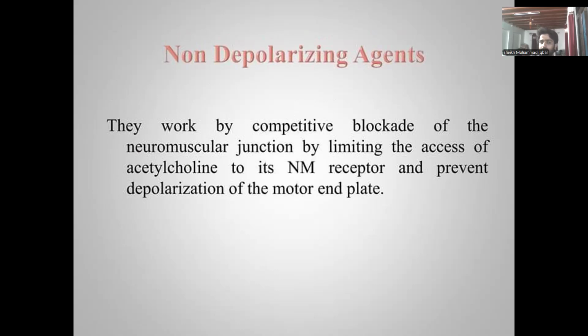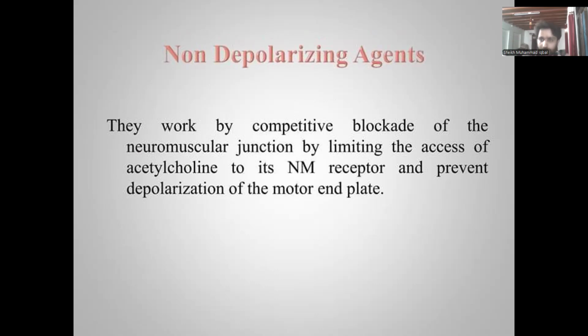The non-depolarizing agents are competitive antagonists, so they compete for the neurotransmitter. They cause the competitive blockade of the neuromuscular junction. In layman's terms, it is a kind of race against the usual neurotransmitter.